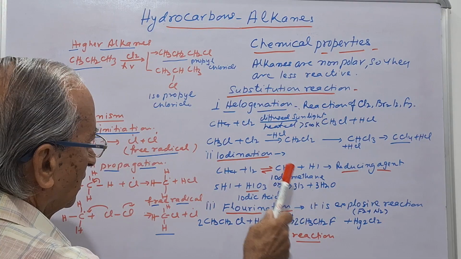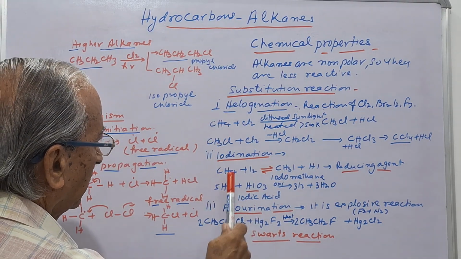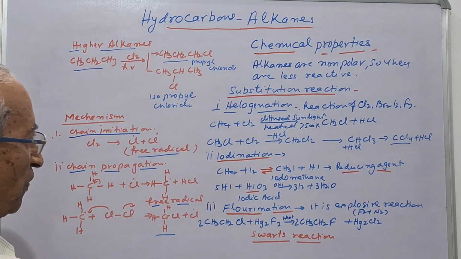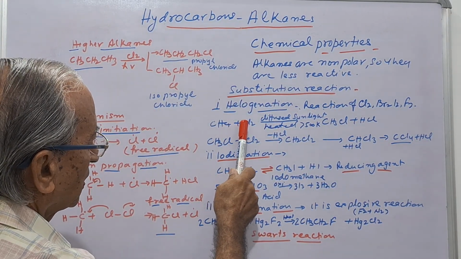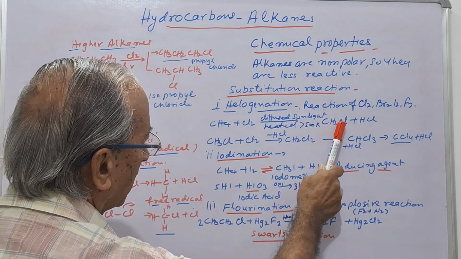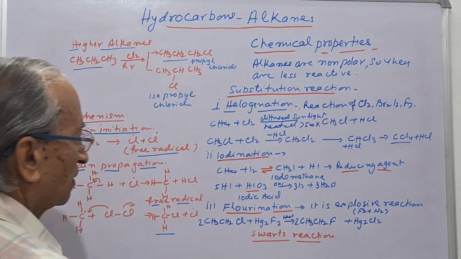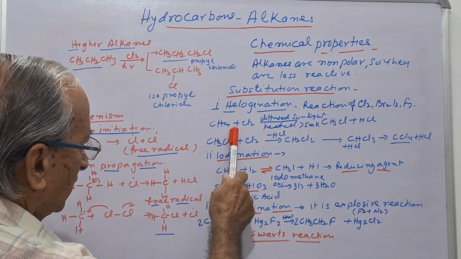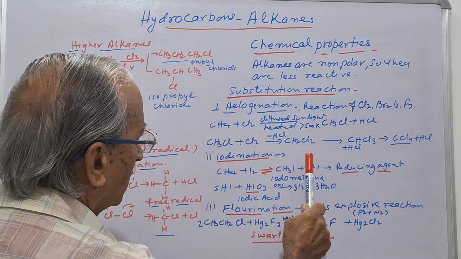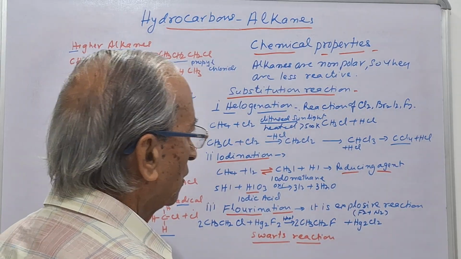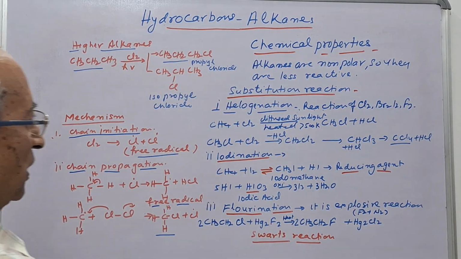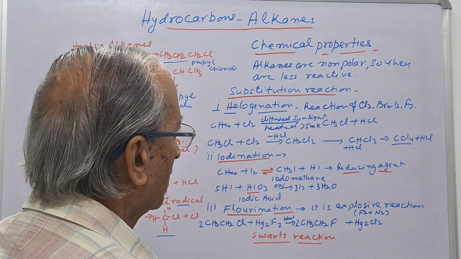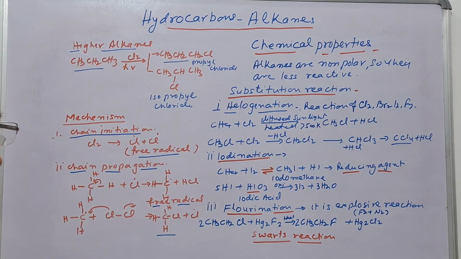Now if you see the reaction, if we take methane, 4 hydrogen atoms are there, and in the first step, methane reacts with chlorine to form methyl chloride and HCl. In this reaction, one of the hydrogen atoms of methane is replaced by chlorine. Now it is a continuous reaction till all the 4 hydrogen atoms are replaced by chlorine atoms.